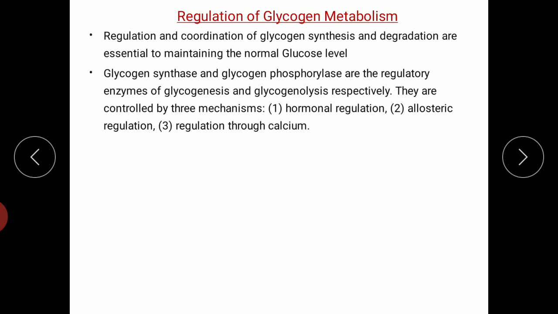So by controlling glycogen synthase or glycogen phosphorylase, we can regulate the rate of metabolism of glycogen. Controlling of these two enzymes will occur through three mechanisms. One is hormonal regulation, hormone mediated regulation. Next is allosteric regulation. The third one is regulation mediated through calcium ions.